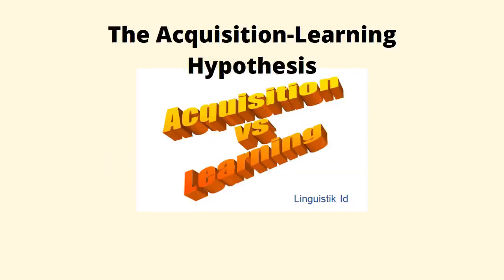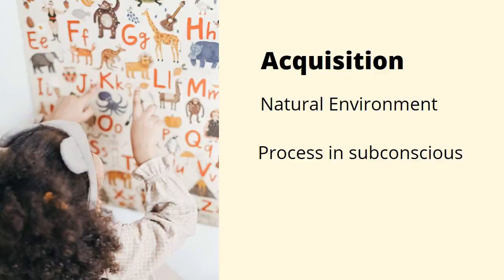The first one, the acquisition learning hypothesis. We already know what is acquisition and what is learning, and we're having a quick recap: acquisition occurs mostly in childhood, it occurs in a natural environment, and the process is conducted subconsciously and unconsciously.